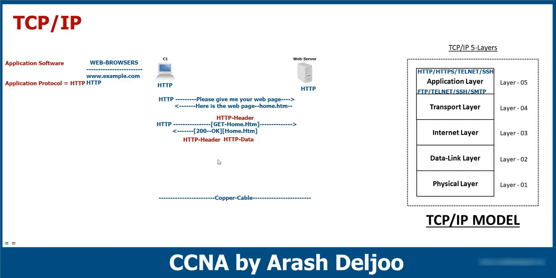Maybe we need to send more than one message, more than one reply, because home.html has more content. The web server can send other packets, other messages. This is the first message, and it can send the other messages to, for example, the C1.